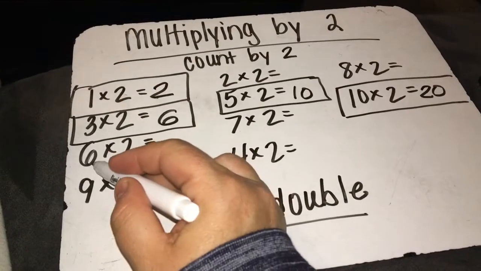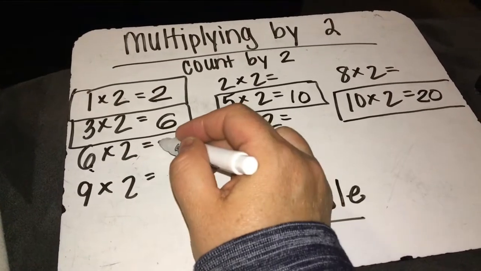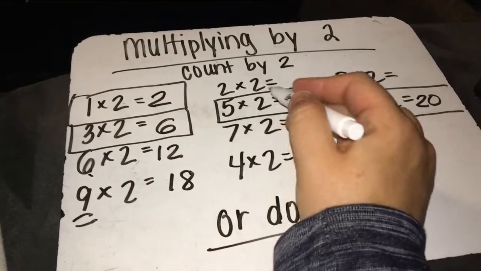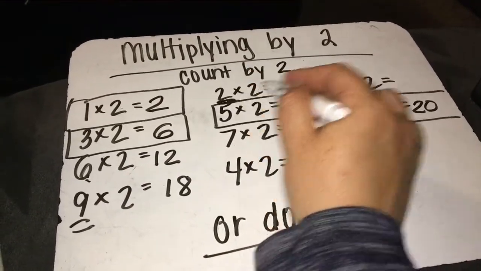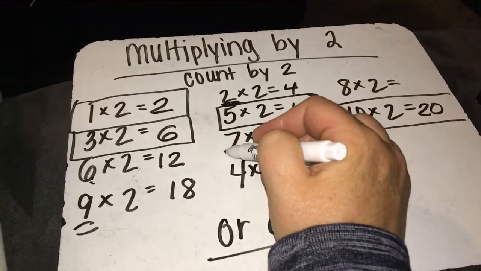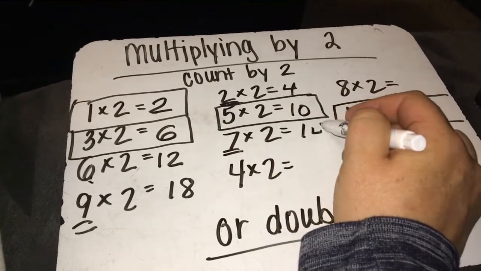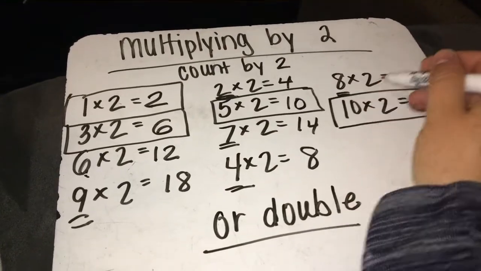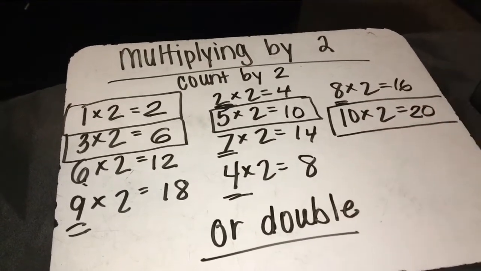You can also take the number and double it because 6 plus 6 is 12 and 9 plus 9 is 18. So you know your doubles. So whether you think of it by counting by doubles or by counting by 2s, the other number, either way.